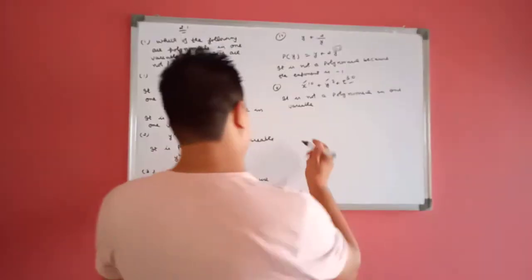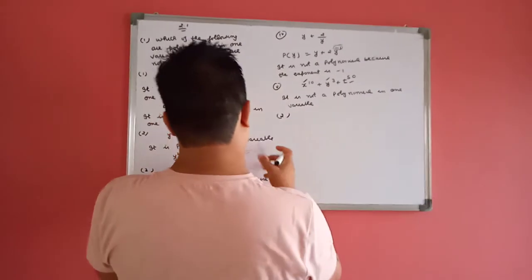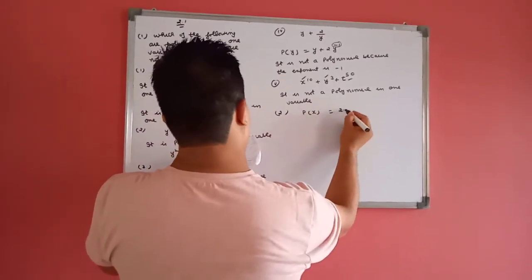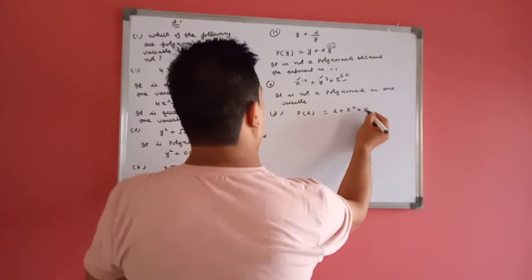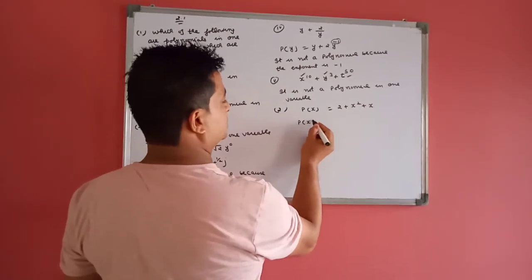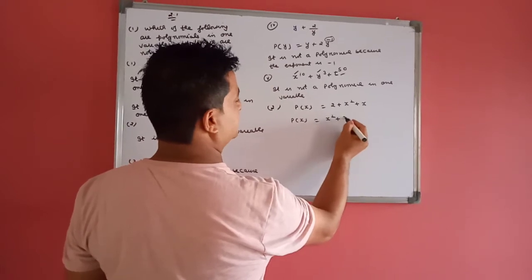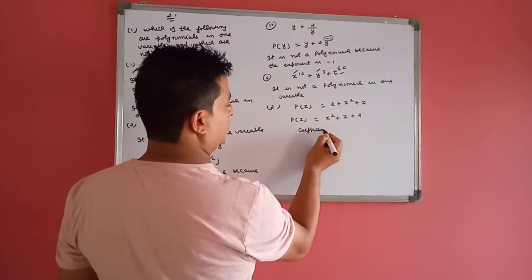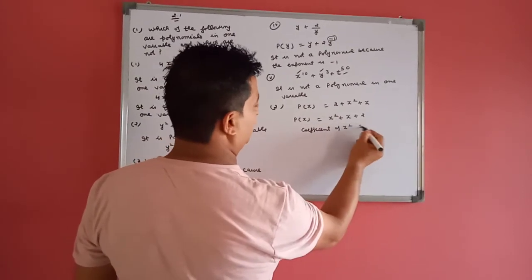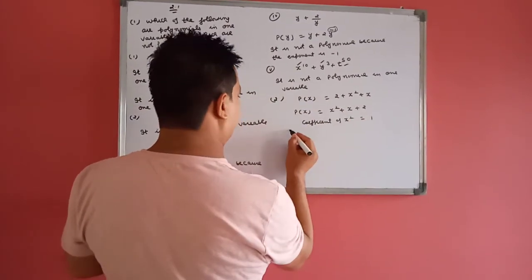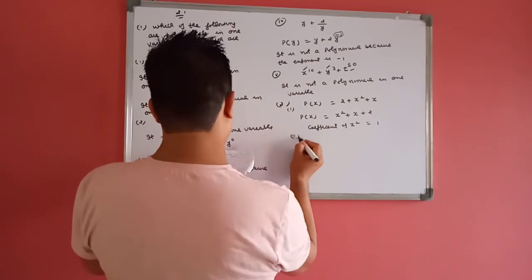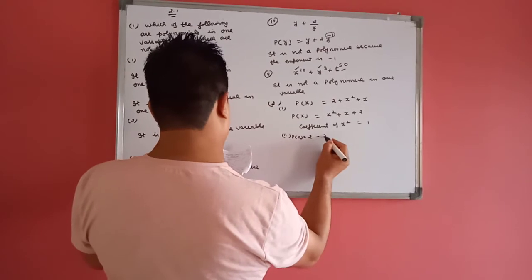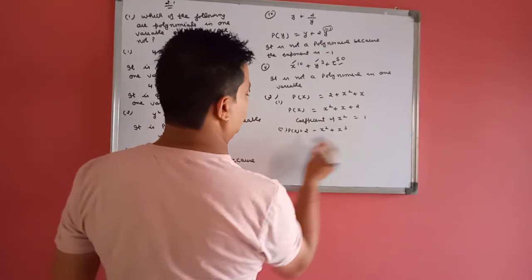In question number 2, write the coefficient of x square. In the first part, 2 plus x square plus x. We write it as x square plus x plus 2, and the coefficient of x square is 1. In the second, the polynomial is 2 minus x square plus x cube.